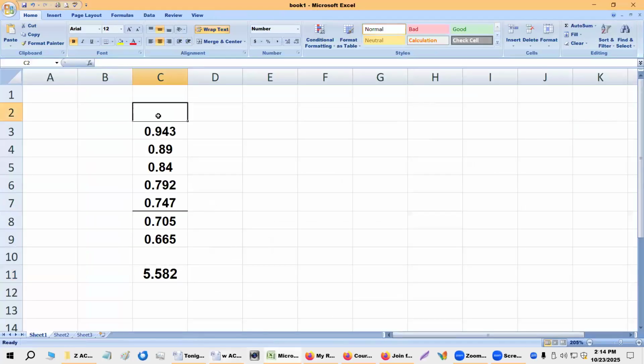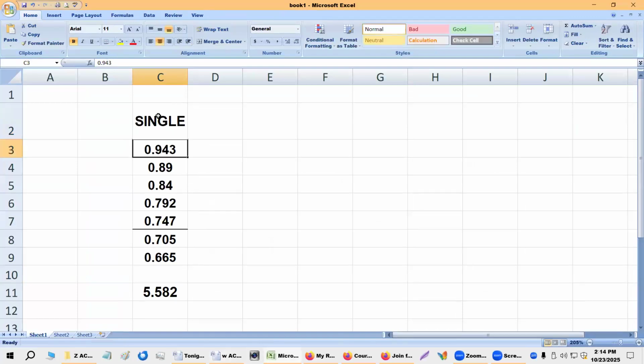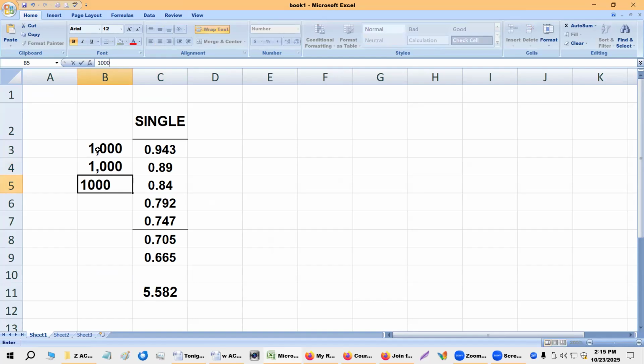This is off the single payment table and adding up all those years. So this would be the same as saying 1,000 times this, all the way down. Or you could just do it one time. And this is what the annuity table does for us.